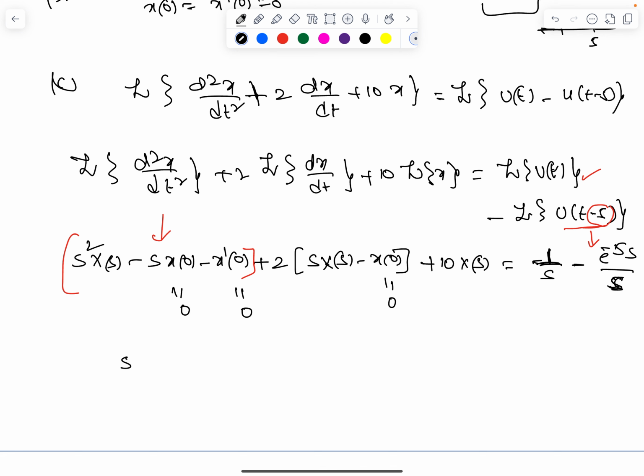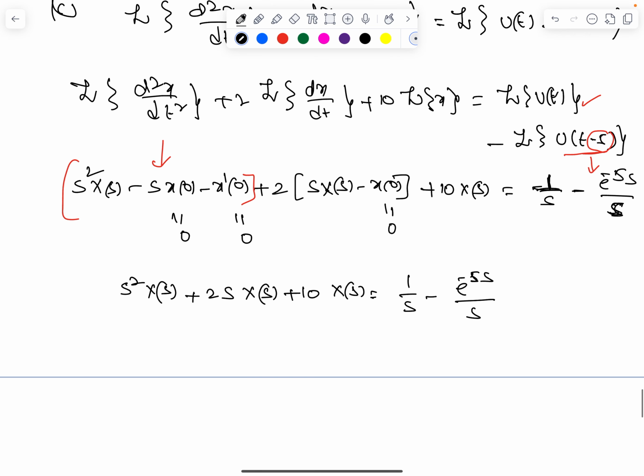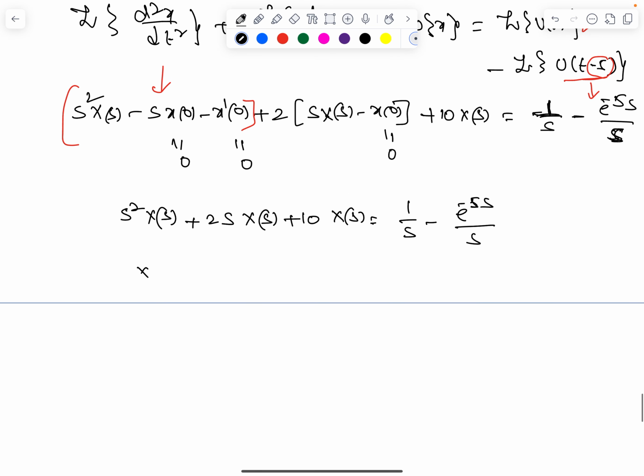Therefore, s square into capital X of s plus 2s into capital X of s plus 10 into X of s, which is equal to 1 by s minus e power minus 5s divided by s. Now, if you collect X of s terms, it is (s square plus 2s plus 10), and which is equal to 1 by s into (1 minus e power minus 5s).